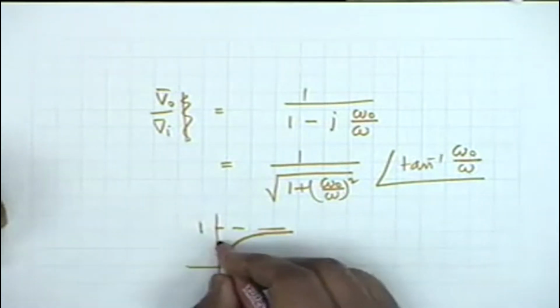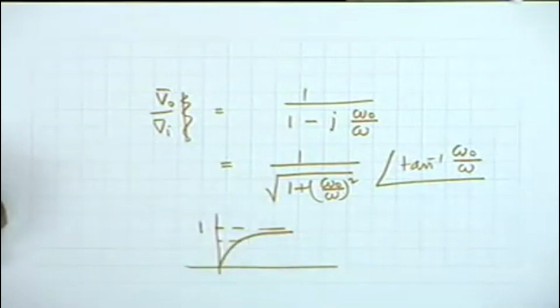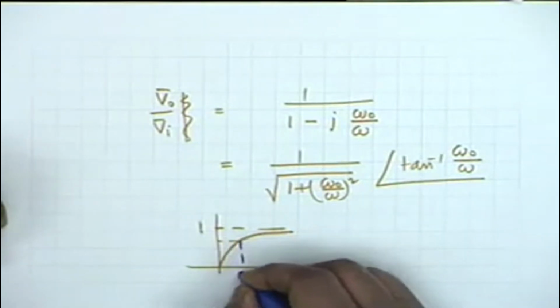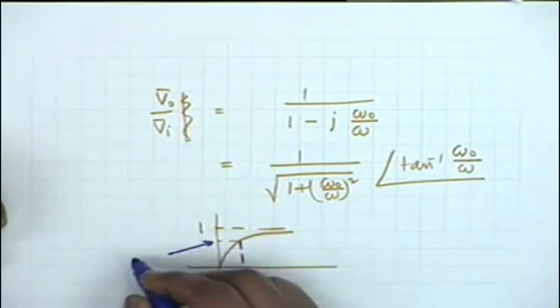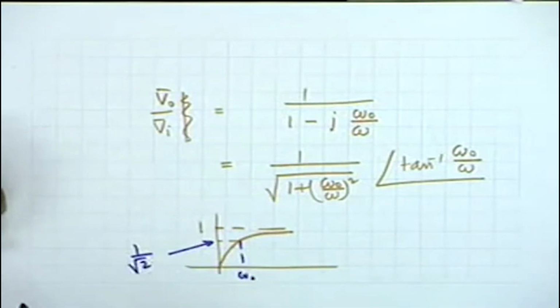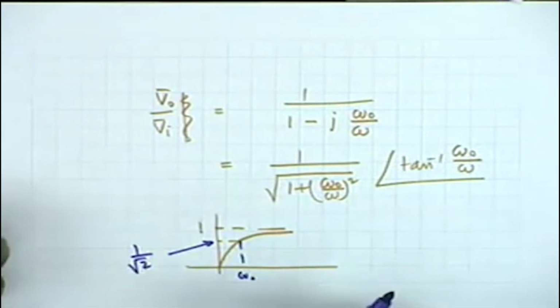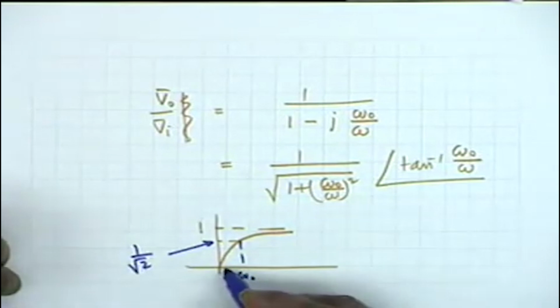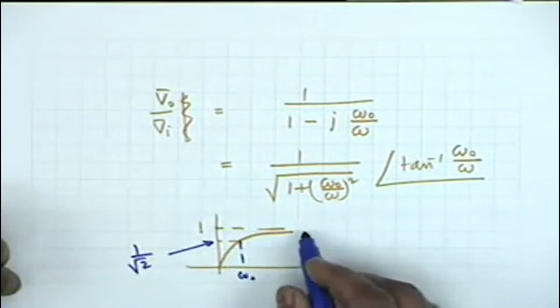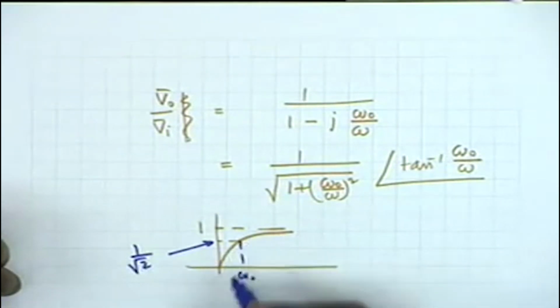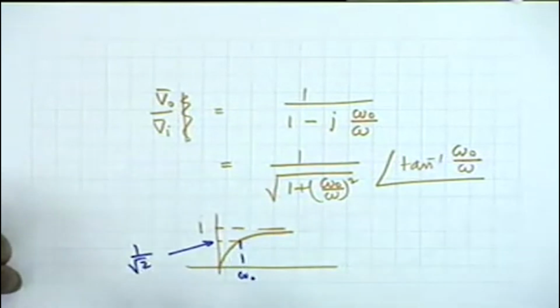Now if I take the frequency omega 0, at omega 0 the value of the magnitude is 1 by root 2, and therefore the power in the resistor becomes half of the power at which frequency? Infinity, not omega equal to 0. At omega equal to 0, the power is 0. So the power at omega equal to omega 0 becomes half of the power at infinite frequency.